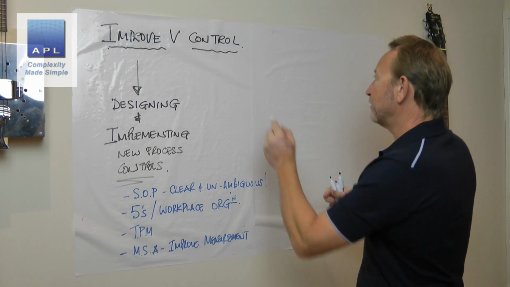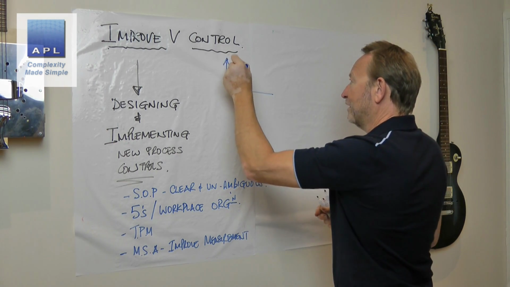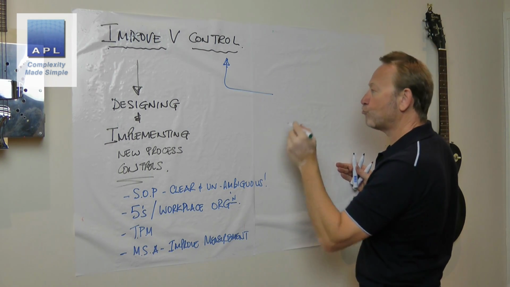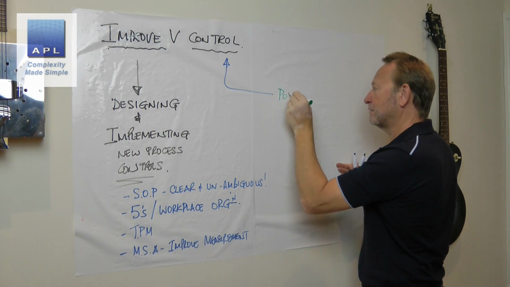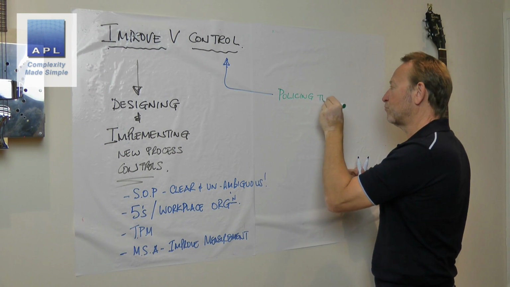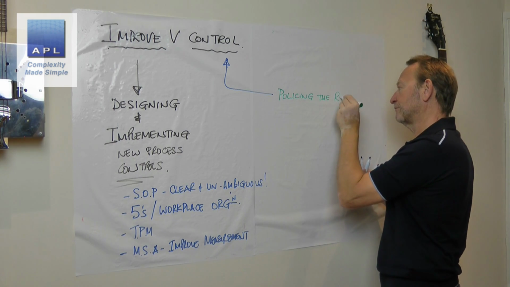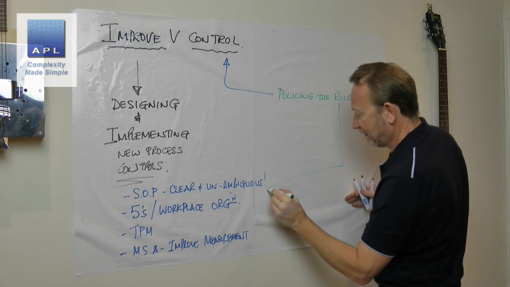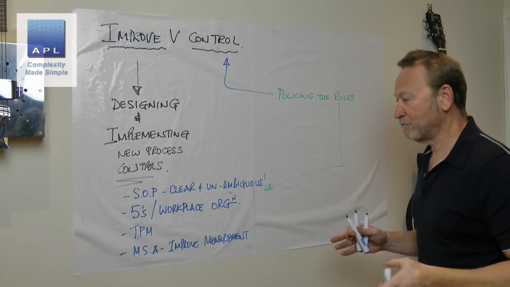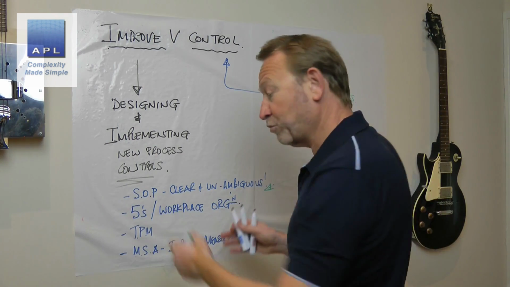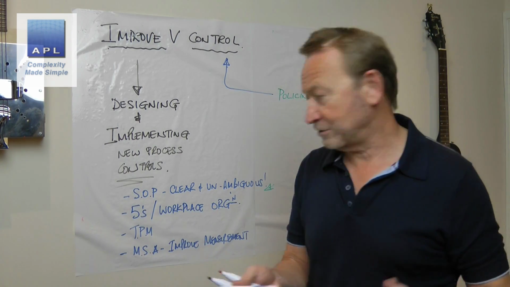So control, on the other hand, well, what's this thing over here? What control is about is policing the rules. So in other words, here are the rules. You've made some clear and unambiguous standard operating procedures. You've come up with some 5S standards.